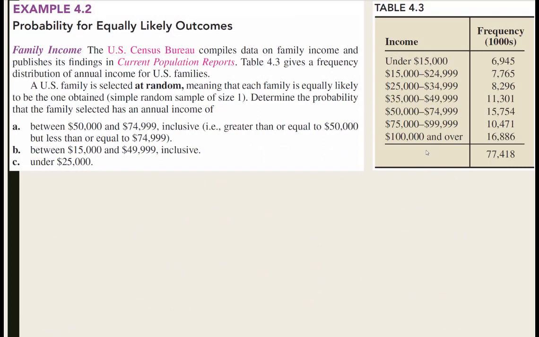We need to recognize that the total frequency is 77,418, and that the frequency for each interval is given. So the first question asks us for the frequency when X is between 50,000 and 74,999 inclusive.